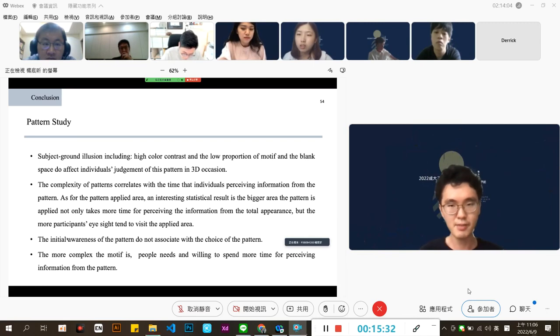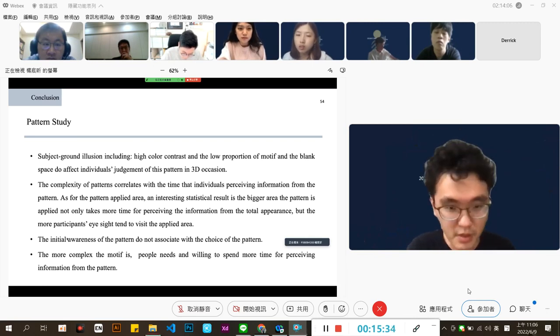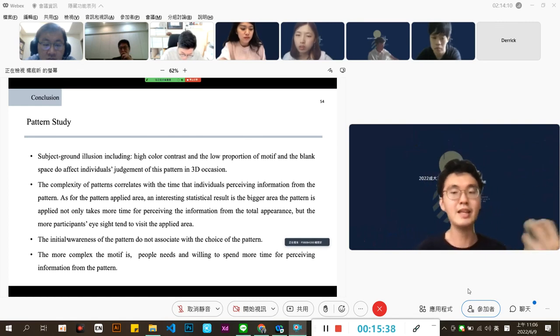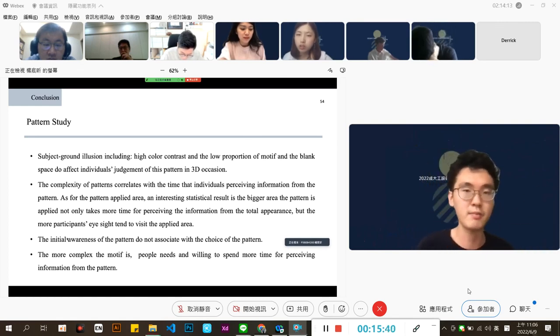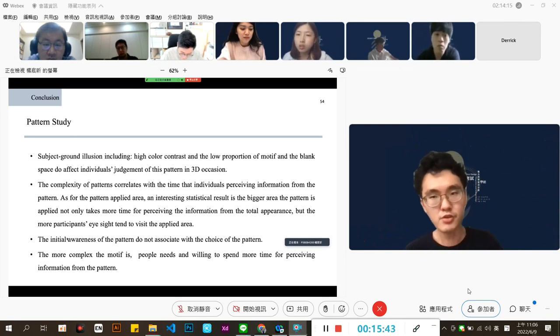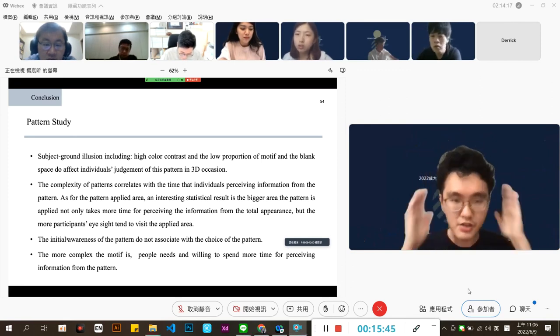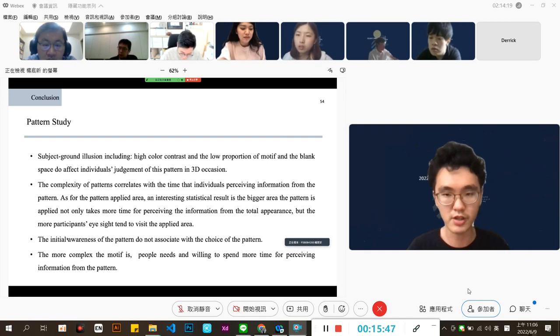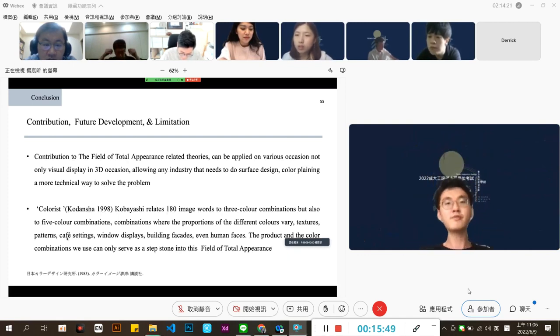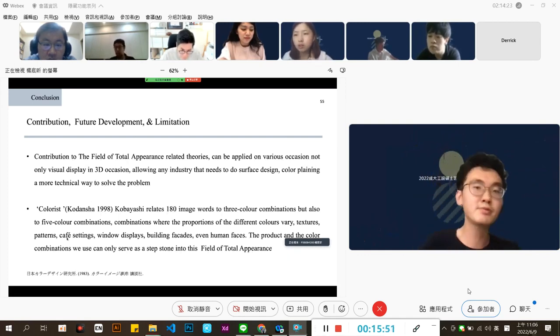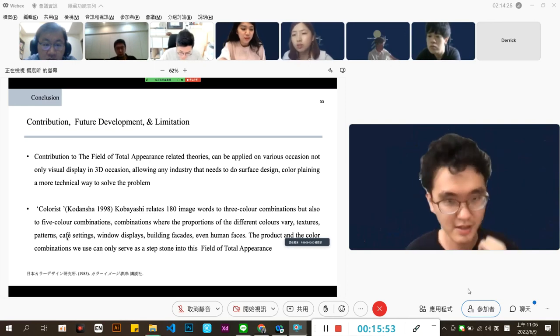As for the pattern study part, the more complex the motif is, the more time people are willing and need to spend to perceive information from the patterns. And pattern attributes do affect one's judgment about the total imagery. The contribution of this result can be viewed as a stepping stone in the field of total appearance theories.